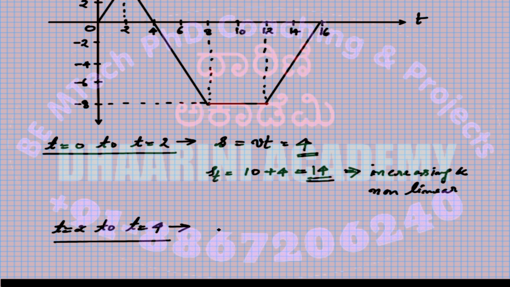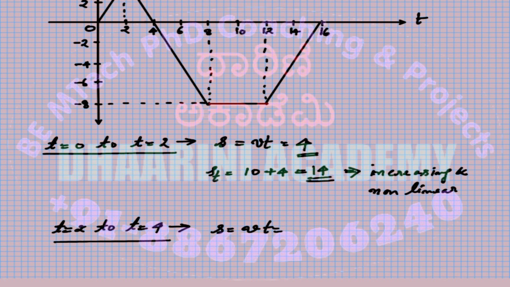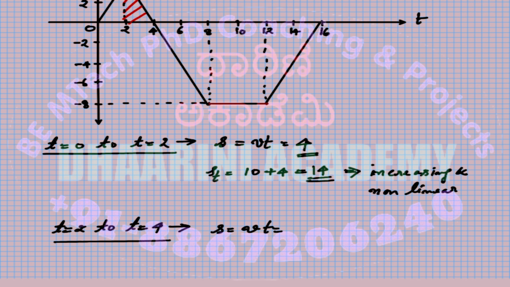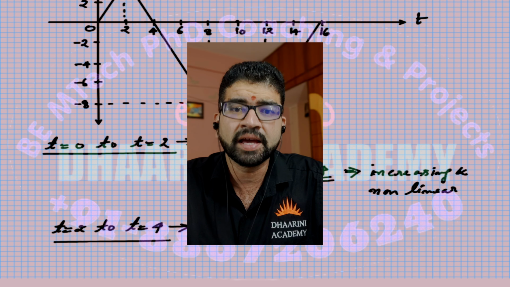So this is once again S, distance covered, equal to displacement, equal to velocity into time. I am right now calculating this area. It is a right angle triangle, half into base into height, that comes to be once again 4. Since this area is positive, positive area means it is above the x-axis.